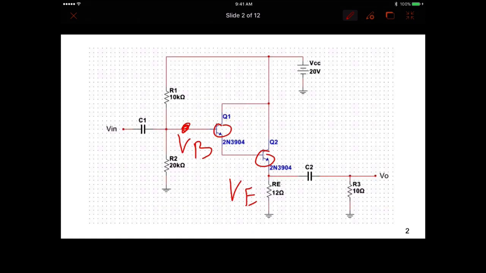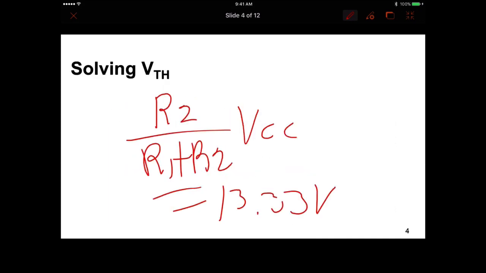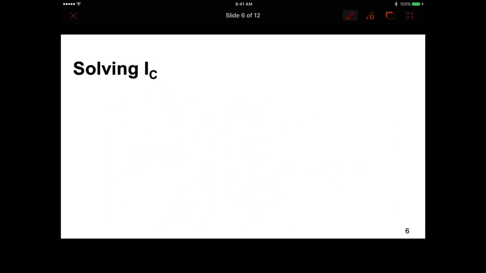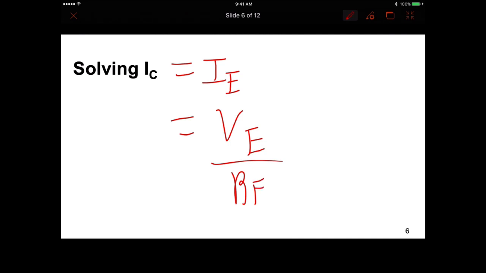Okay, so we know this is 11.93 divided by RE, and that gives us emitter current. So IC, which is of course equal to IE, equals VE divided by RE.